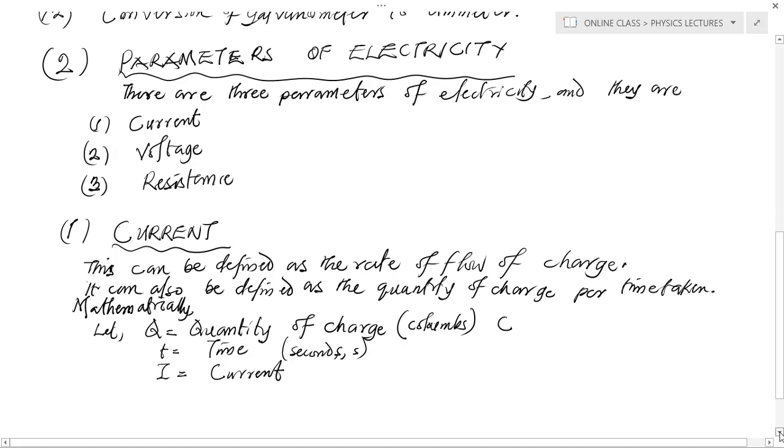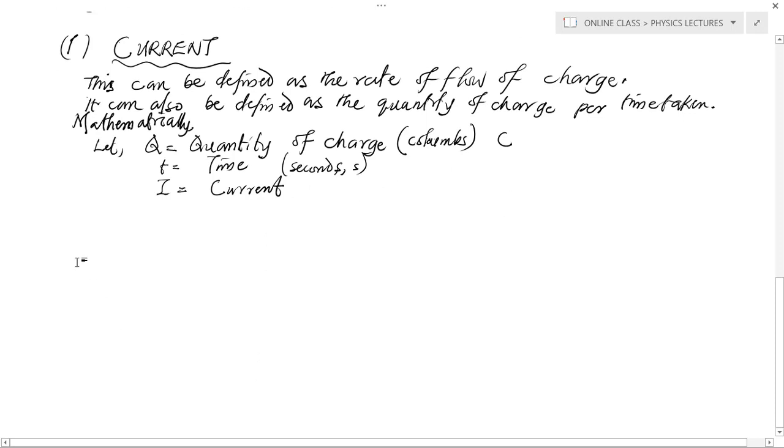Now, what's the meaning of this? From the definition, it means that I is equal to quantity of charge per time taken.